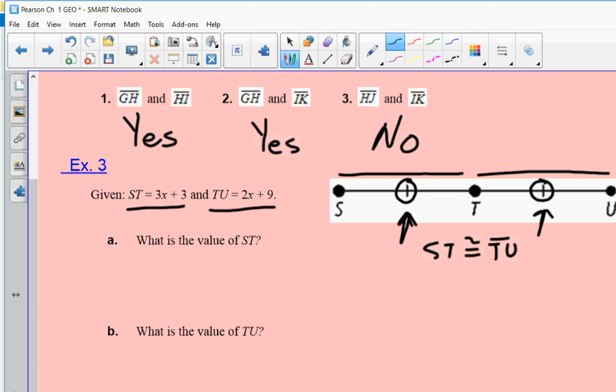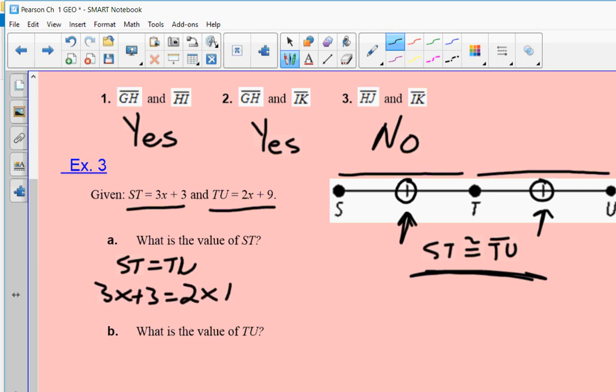Well, I can set them equal to each other. So ST is equal to TU, but ST now is 3x plus 3, and TU is 2x plus 9. This is a lot of what you're going to get in geometry, taking the algebra that you should know and applying it. In this case, I'm using substitution to do that.